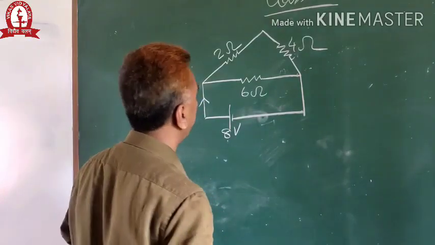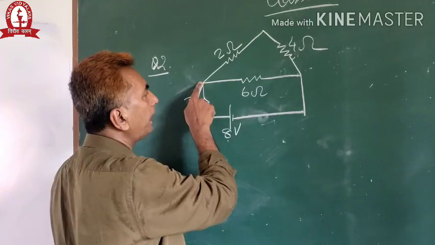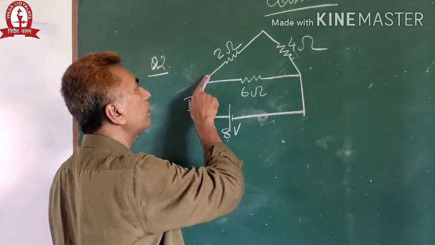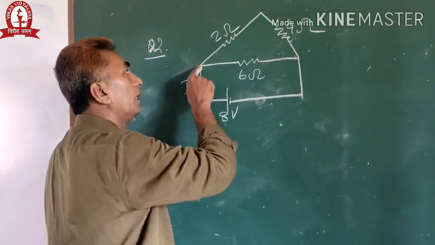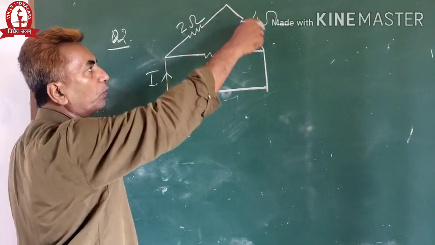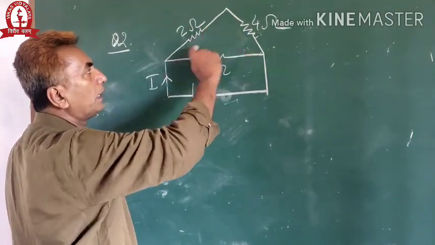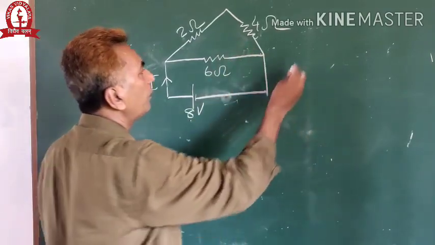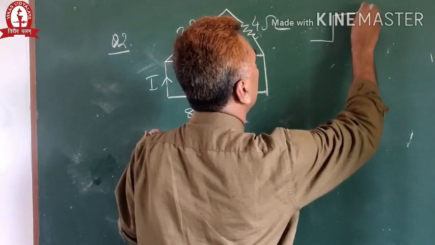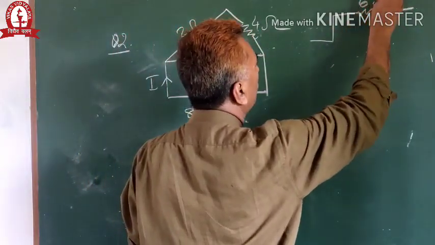Now see here, as the current reaches this point, it will divide into 2 parts. The current which will pass through the 2 ohm resistor, the same current will flow through the 4 ohm also. That means 2 ohm and 4 ohm are in series. So I can replace this figure by 2 plus 4, which becomes 6 ohm.